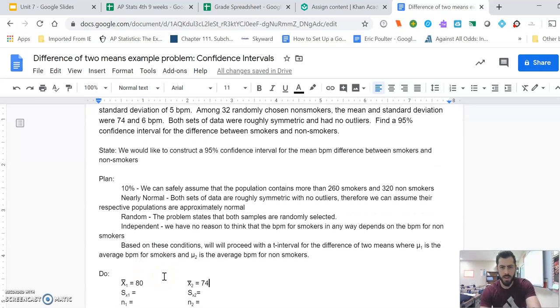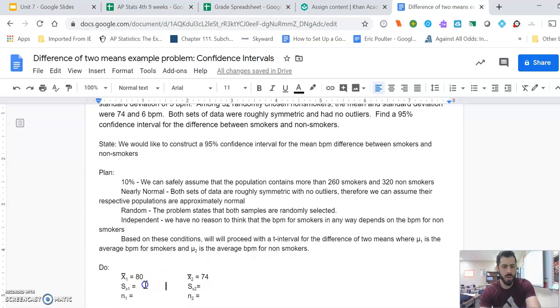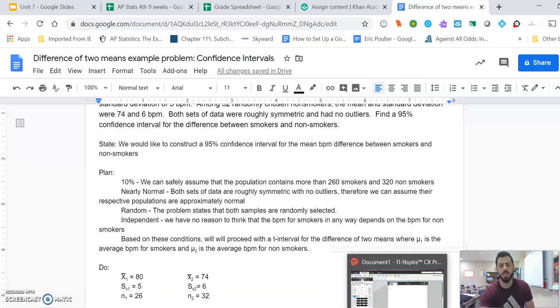All right, then for the sample standard deviations, the smokers had a sample standard deviation of 5 beats per minute, where the non-smokers had a sample standard deviation of 6 beats per minute. The sample sizes for the first one, smokers, there were 26 in the sample, and then for the non-smokers, there were 32 in the sample. So now all we have to do is take this information, go to our calculator.